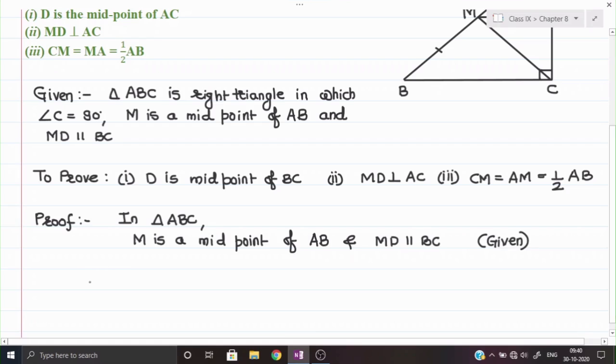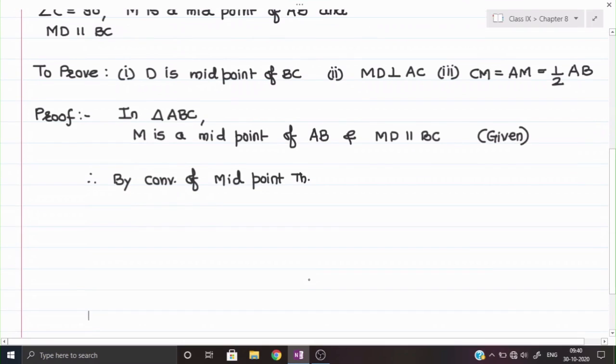Now we can say that therefore by converse of midpoint theorem, okay, we shall apply the converse of midpoint theorem, and as I have told you just now, we can say that D is midpoint of side AC. Okay, and here we can say that we have proved the first part.